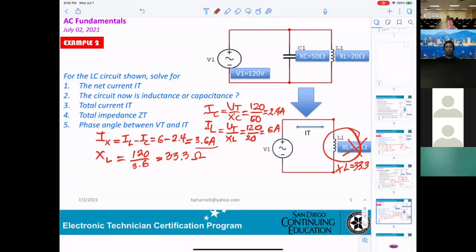Yeah, I made a mistake. I took XL equal 20 from the original circuitry. It's supposed to be 33.3.